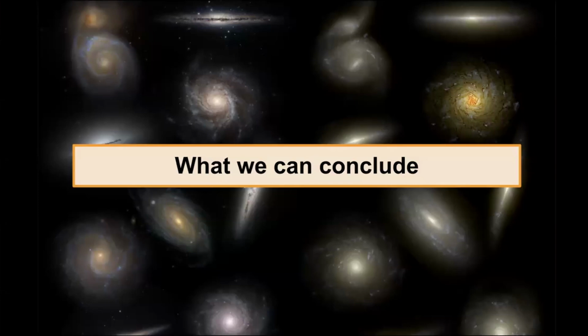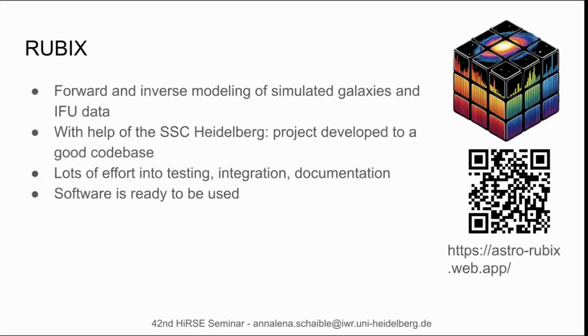With that, I come to the end of my talk. Rubix is software developed by astrophysicists to forward and inverse model simulated galaxies and IFU data cubes. With the help of the SSC, we hope that the project developed into a good code base and is not a niche code written by physicists that is not usable.